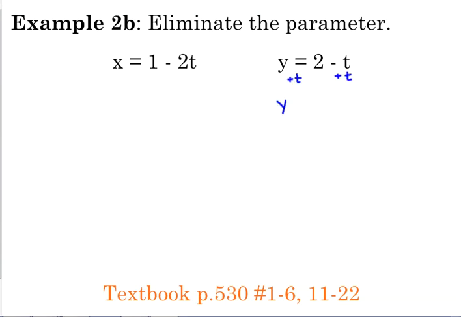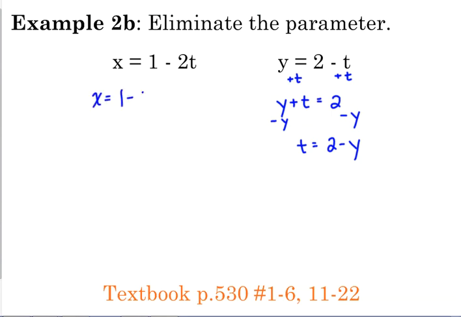Personally, I would add t and then subtract the y, just so that you don't have a -t and have to make sure that you get all your positives and negatives in the right place. I would make t positive by adding it and then move the y to the other side.